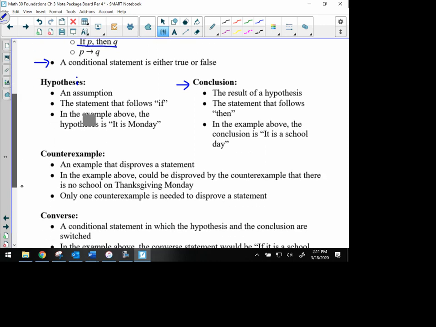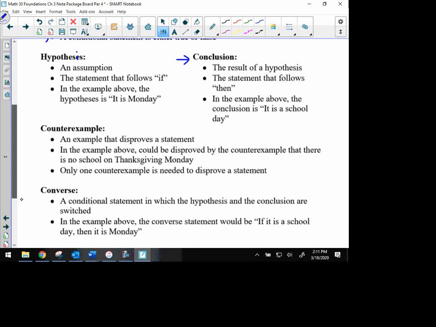So moving on, if you have what's called a counterexample, then it would prove a conditional statement false. So, for example, if you have that statement, if it is Monday, then it is a school day. So that's a conditional statement.